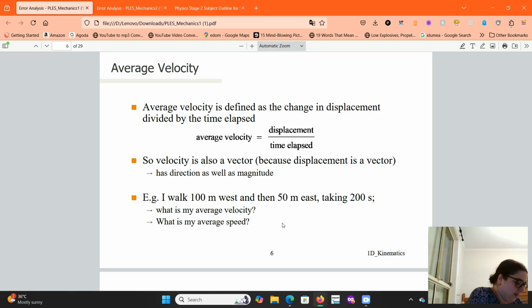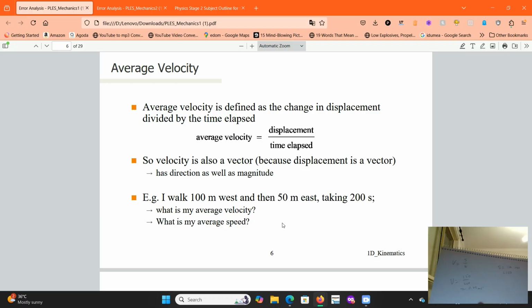So our speed equals 150 divided by (211 minus 11), which equals 0.75 meters per second. There's a difference depending on whether you're talking about velocity or speed.